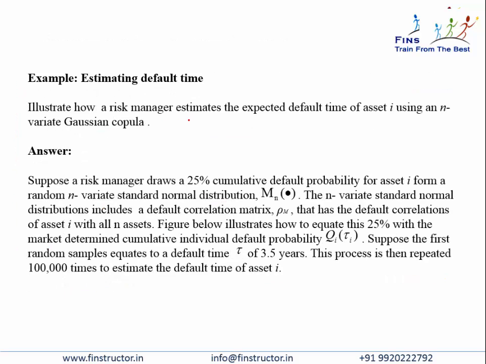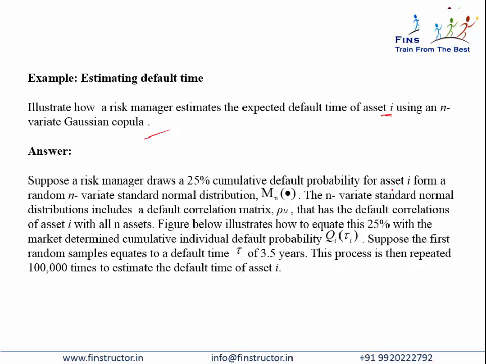Illustrate how a risk manager estimates the expected default time of asset I using an n-variate Gaussian copula. Suppose a risk manager draws a 25% cumulative default probability for asset I from a random n-variate standard normal distribution.